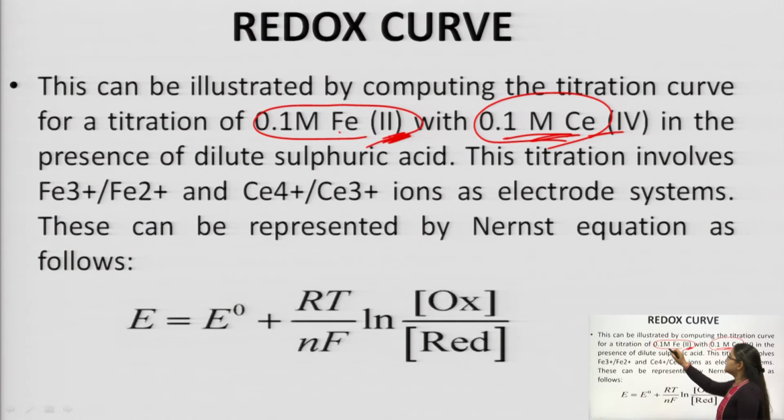So this is undergoing oxidation and this is undergoing reduction, as we have earlier seen also. यहाँ पर आप देख रहे हैं कि ये दोनों के बीच में रिएक्शन होगी. This can be represented by Nernst equation as follows.